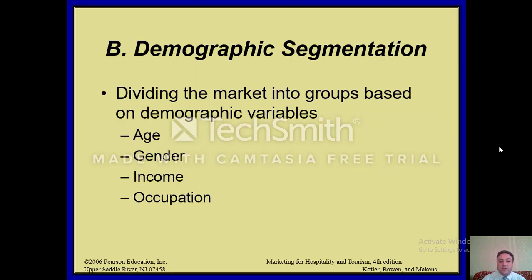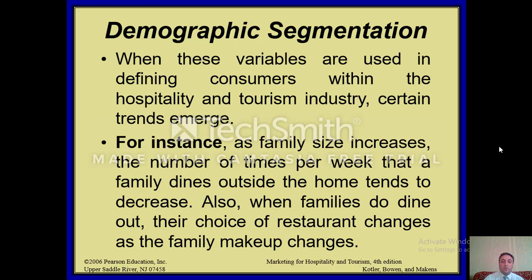Second is the demographic segmentation, which is dividing the market into groups based on demographic variables. Demographic variables like the age, the gender, male or female, the income, high or low, the occupation, and their jobs, and so on. So when these variables are used in defining consumers within the hospitality and tourism industry, certain trends emerge.